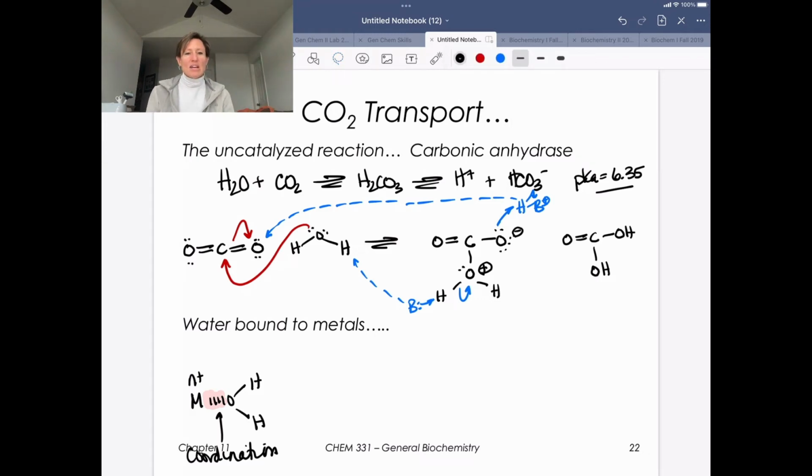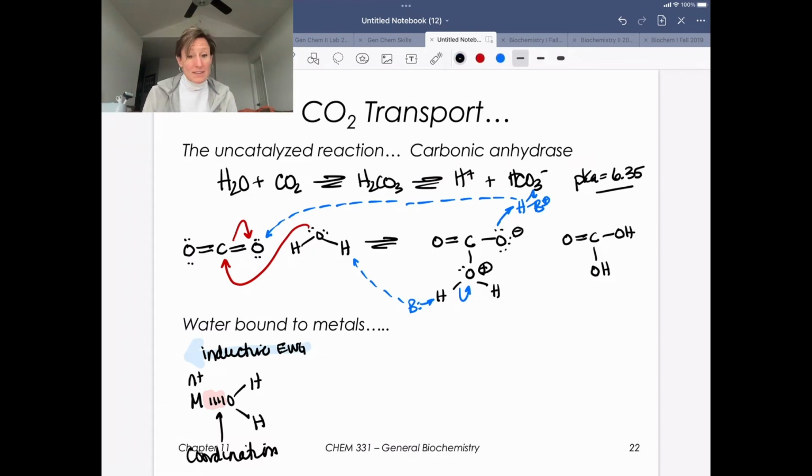And so we're going to have the pulling of an electron blanket, if you will, towards that positively charged metal. So we're going to have what we call inductive electron withdrawal. So this is like an inductive electron withdrawing group. So highlighting what's happening here is we're pulling electron density that way.